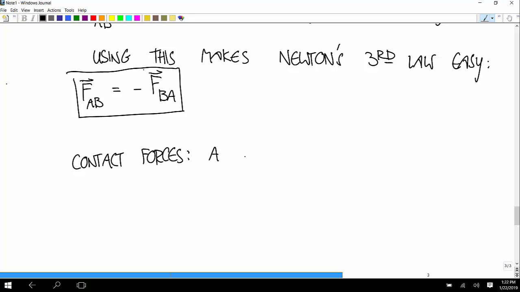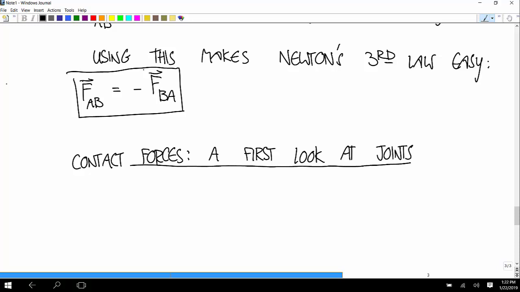A first look at joints. A joint is any connection between bodies.